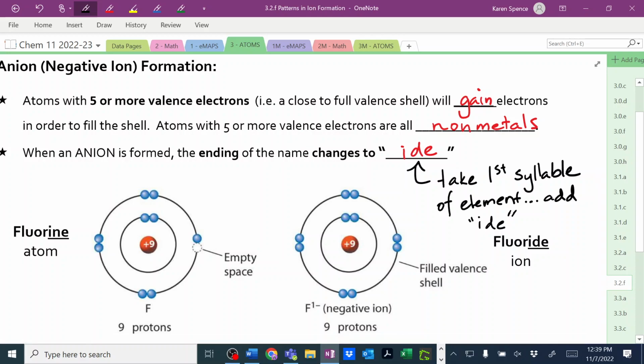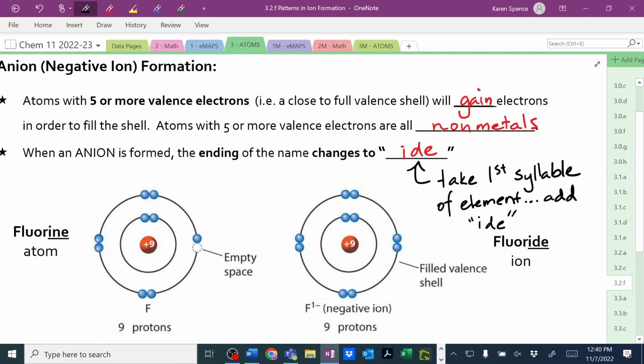So if we have phosphorus, it does not become phosphoride. It's just the first syllable, phosphide. Hydrogen does not become hydrogide. It just becomes hydride.